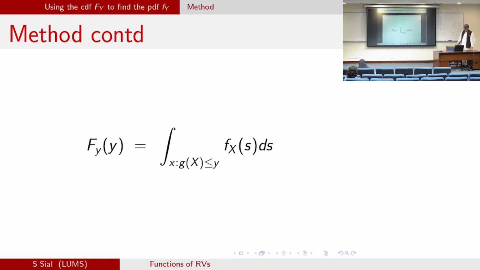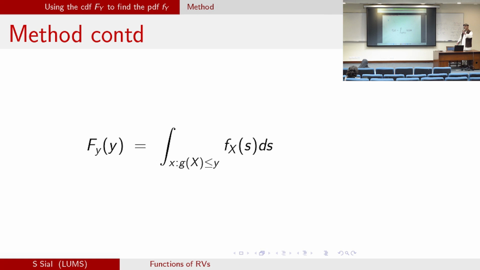Okay? But what's the probability that g of x is less than or equal to y? Well, you find that by integrating over all the x's such that g of x is less than or equal to y. You integrate the PDF for x. Right?